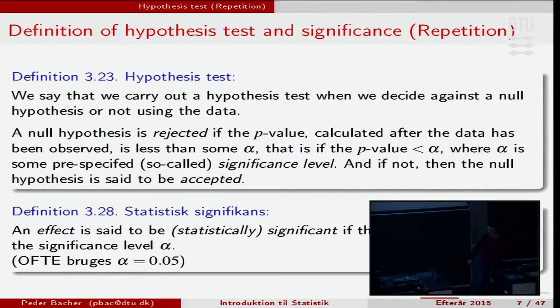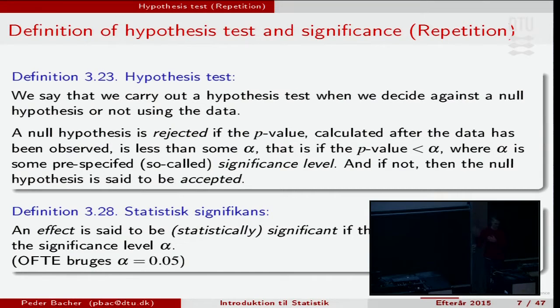As you know from last time, we want to define a hypothesis, and then we want to find out whether, given that we have observed this data, we can conclude that we find what we call a significant effect.